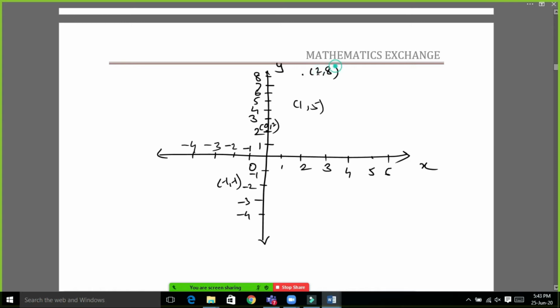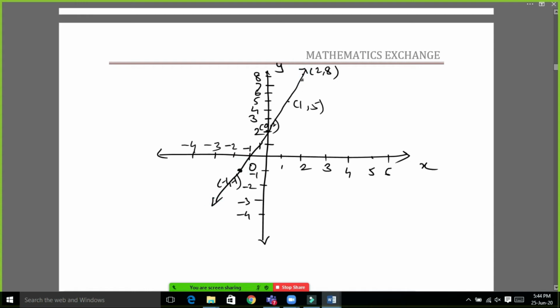Now we try to join these points. If I draw the line passing through all these points, this line is a straight line.